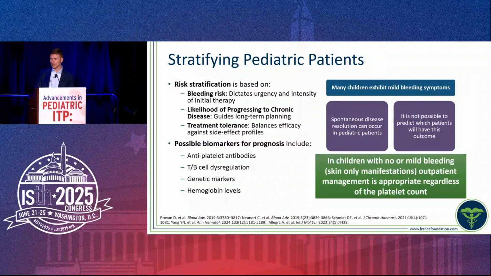We know a little bit about those that may be more at risk for developing long-term ITP. There's been some biomarkers of prognosis, but it's not a perfect science. So some children will develop ITP, some children will develop chronic ITP, and we're not really that good at developing a model for prediction, although we've tried.